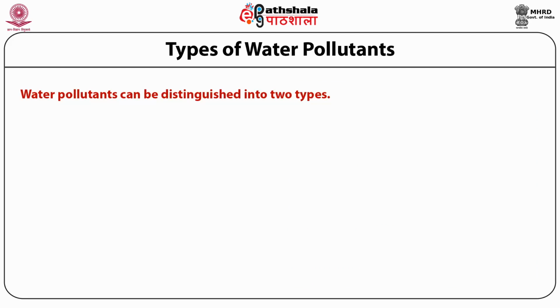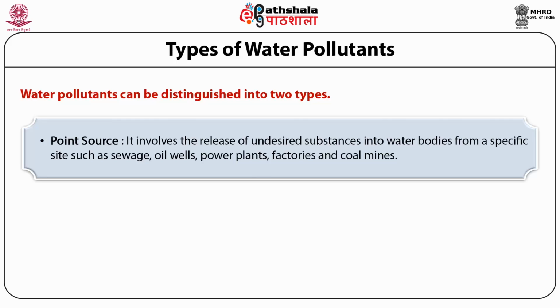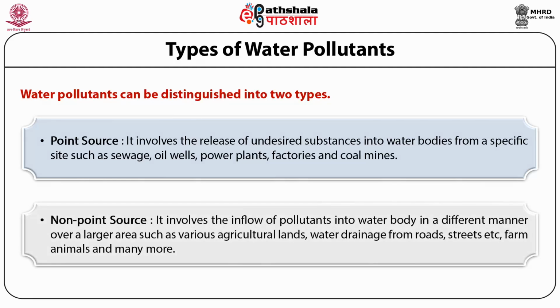The water pollutants can be distinguished into two types. First is point source. It involves the release of undesired substances into water bodies from a specific site such as sewage, oil wells, power plants, factories, and coal mines. Second type is non-point source.